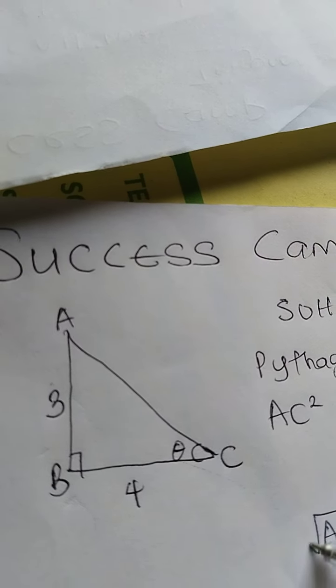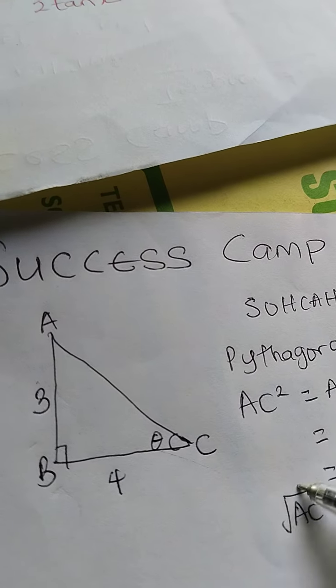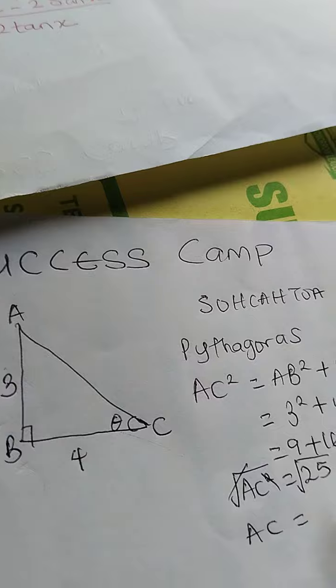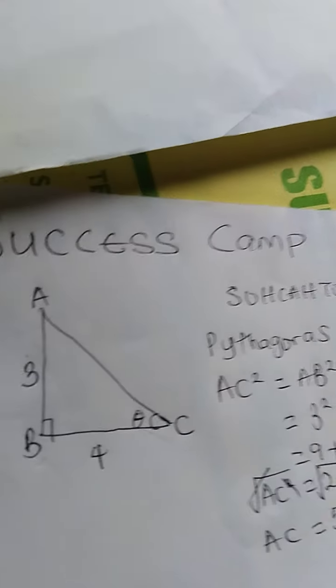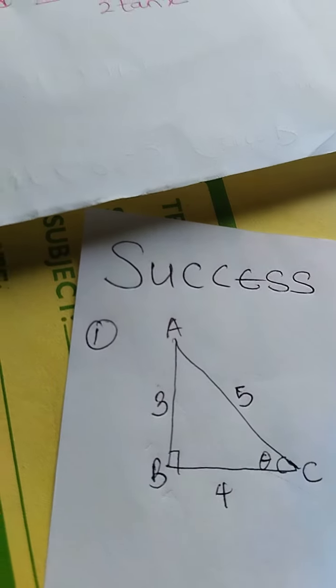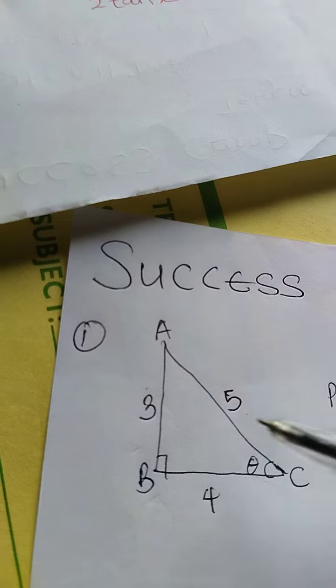AC squared, take the square root of both sides, so the square cancels the square root. AC is the square root of 25, which is 5, and we get our hypotenuse side to be 5. That's actually true because the hypotenuse side is longer than the two sides, so that has proven it.